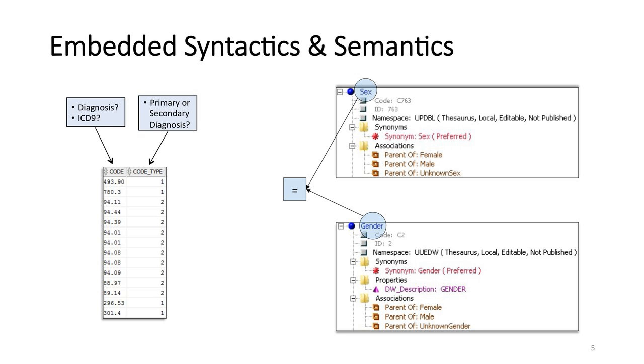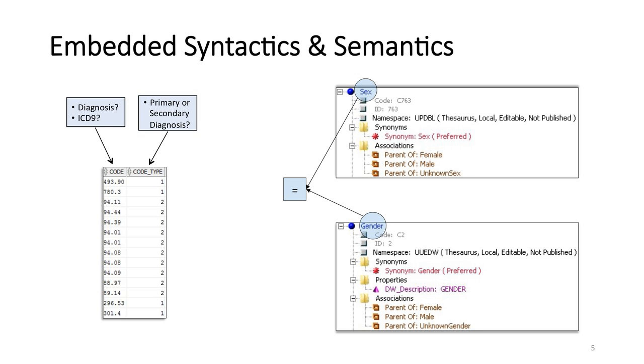So every data source embeds within itself syntactic and semantic content that is necessary for data federation or integration, or for that matter, any data repurposing. For example, here we have two very simple examples, and I hope they convey the meaning that we are trying to say. If you look at the left of the screen, there is a screenshot from a table, and it consists of a field called code and a field called code type.